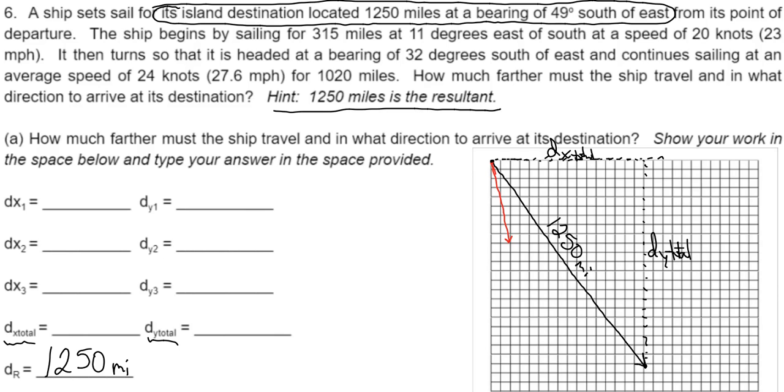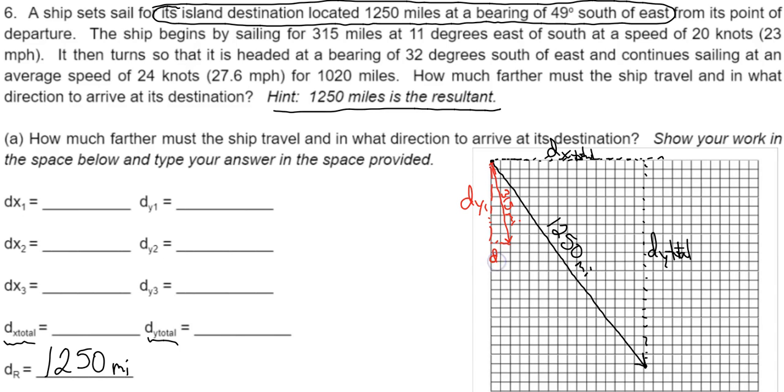So that is going to be 315 miles, and then it has, of course, two components. It has the southern component here, and the eastern component here. So this is going to be my dy1, my distance in the y direction for the first leg.